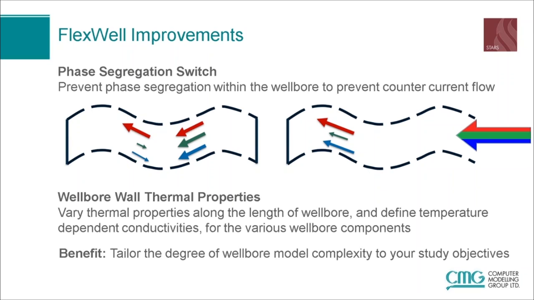We've also added the ability to make the heat capacity and thermal conductivity depend on temperature through a second order polynomial. So before, these would have been static values, whereas now we can have them depend on temperature and change with the temperature. And so these two changes just even further give more accuracy to FlexWell's heat loss calculations for accurate modeling of complex wellbore.